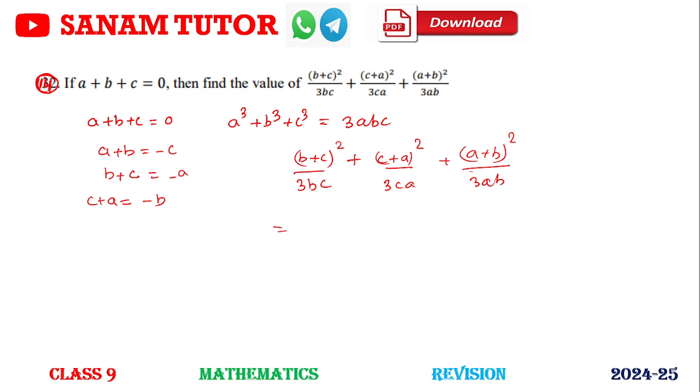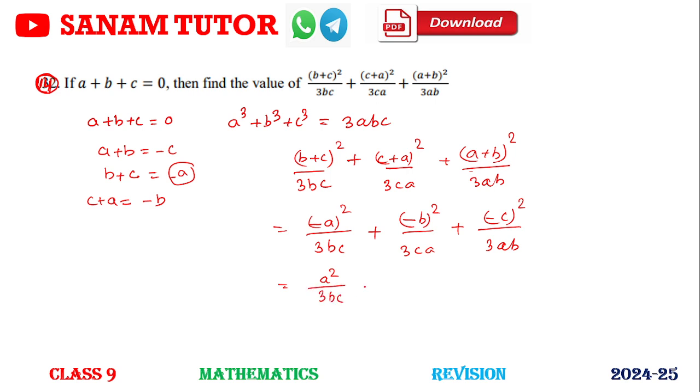Now put the value. In place of b plus c we can put minus a. So (minus a) whole square divided by 3bc, plus (minus b) whole square divided by 3ca, plus (minus c) whole square divided by 3ab. Now multiply. Minus square is plus, so a square divided by 3bc plus b square divided by 3ca plus c square divided by 3ab.